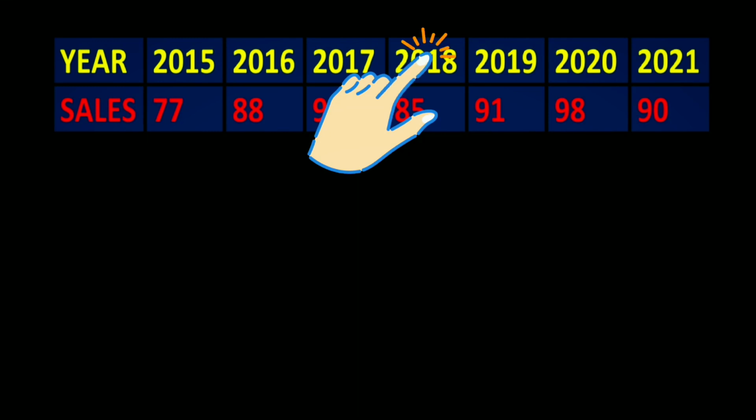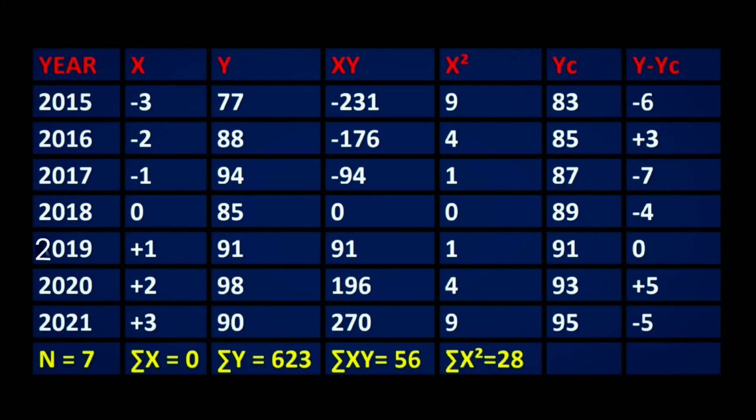Now, in the problem, you will notice there are 7 years of data given from 2015 up to 2021. So the fourth year can be taken as the middle year, and that is why, first of all, we will have to focus on the x column. See the screen. On the screen, the entire statistical table which we will have to construct is shown.